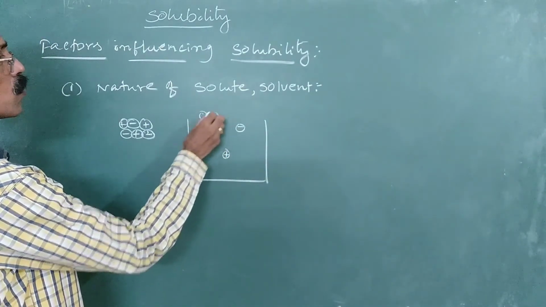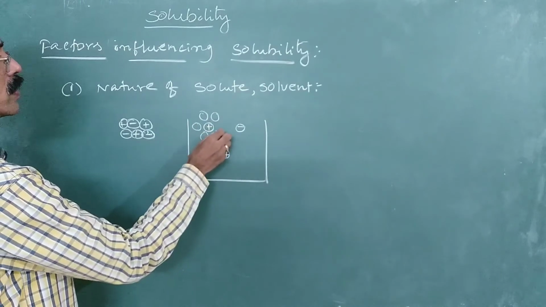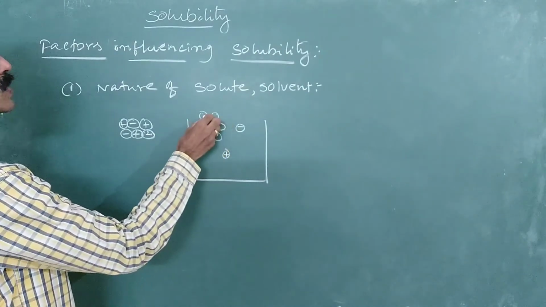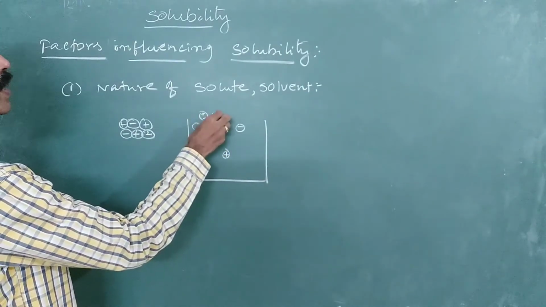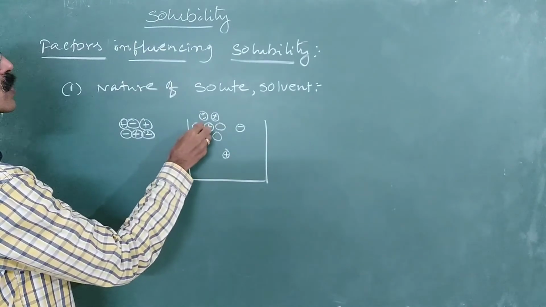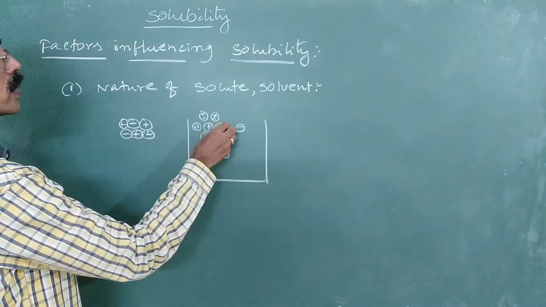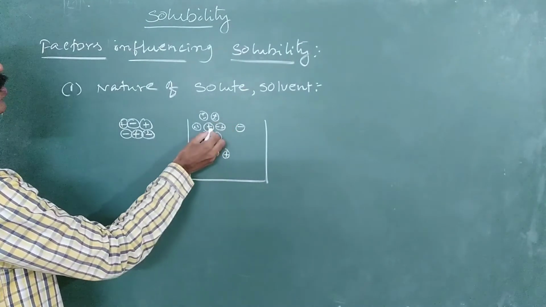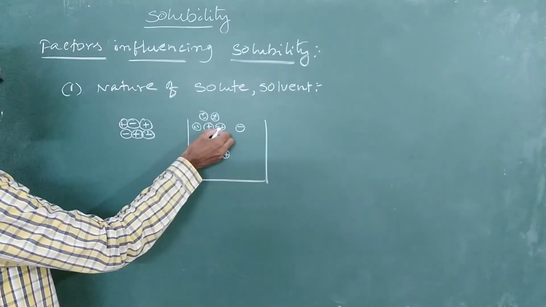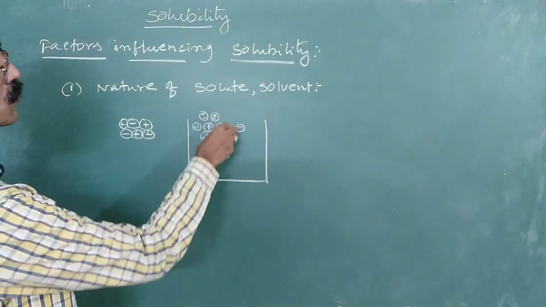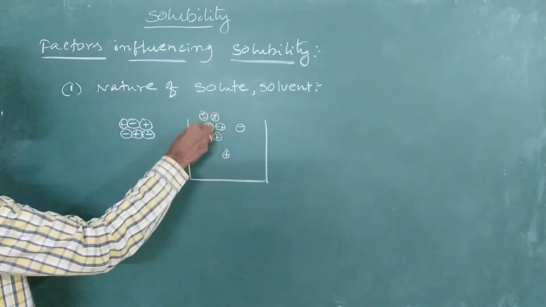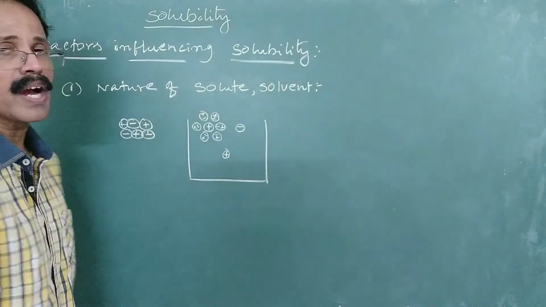Water molecule contains a negative and positive terminal, so this is known as a dipole. There are attractions between positive ion and negative terminal of water. The water molecules surround the ion like this, forming a hydrated ion.